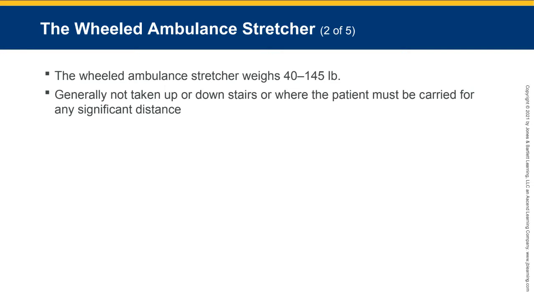It's easier to get a stair chair and move the patient, because you have to add the weight of the stretcher to the patient's weight if you're going to use that stretcher to move the patient up or down stairs. So generally we don't take it up or downstairs or where the patient must be carried for any significant distance. Use your stair chair or your backboard where you have to move the patient between different landings.